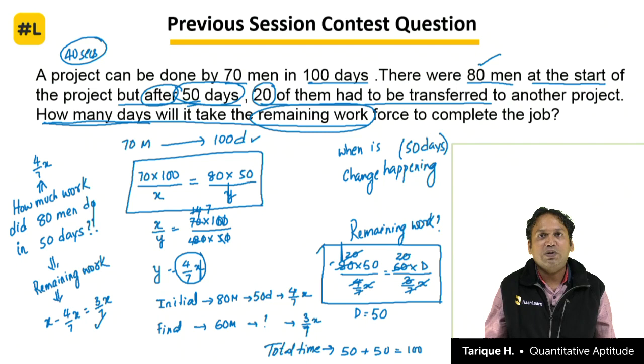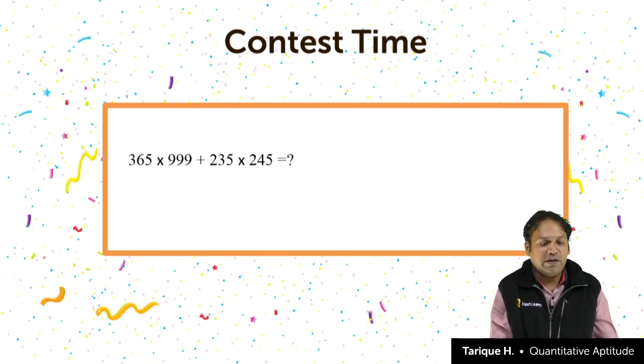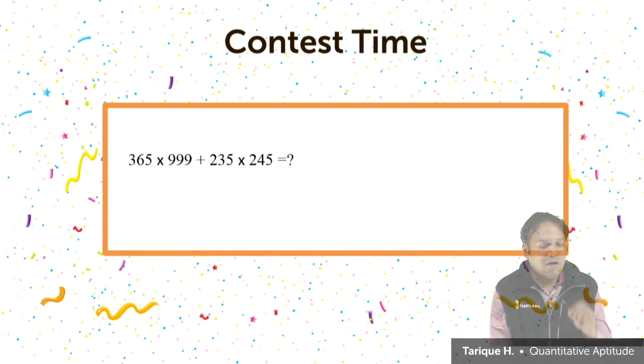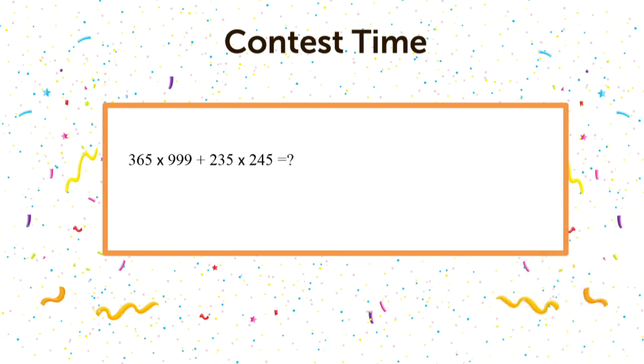Next, let's go to the contest question for today. Okay, this is the contest question for you. Let's see how fast you can calculate and get me the answer for this question on the screen. 365 into 999 plus 235 into 245 is equal to how much? Calculate and post your answer in the comment section quickly.